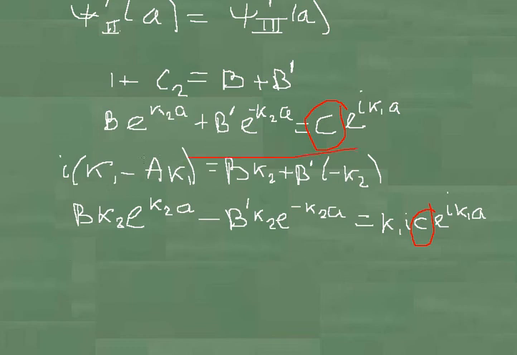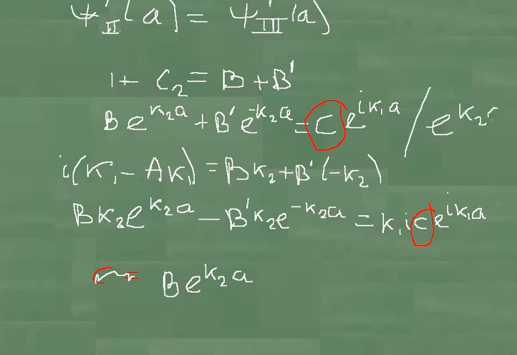First, we must use this equation and represent C as a function of B. From here, for example, we can make the following changes: B e to the power k2 a, we will multiply it by e to the power k2 a. Dividing is not so important.